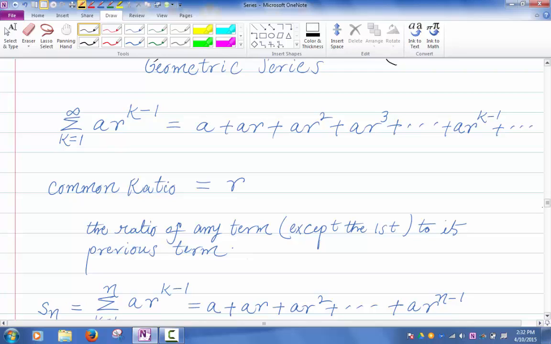If you divide ar squared by ar, you get r as well. So look at the ratio of any term to its previous term, you always get r. r is called the common ratio. So how are you getting the next term? You're always multiplying by r, right? A multiplied by r, you get the second one, multiplied by r, you get the third one, multiplied by r, you get the fourth one, and so on.